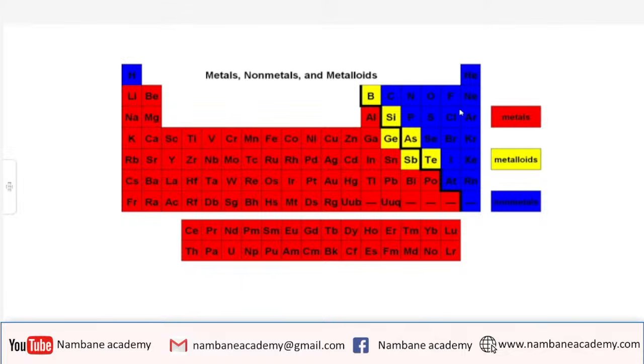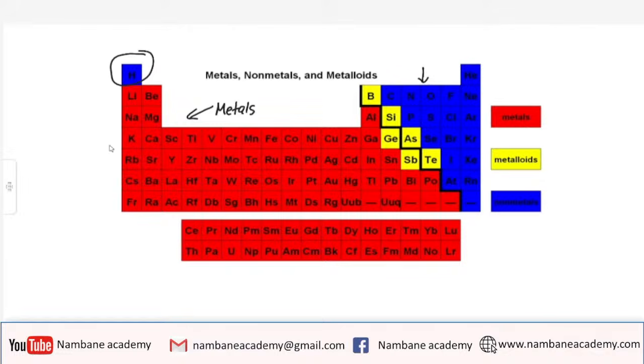The first classification is whether a material is a metal, a non-metal, or a metalloid. All of these here, except for hydrogen, we classify as metals. Because it's a metal, it will behave in a certain way, and because of it being a non-metal, it's going to have its own characteristics.